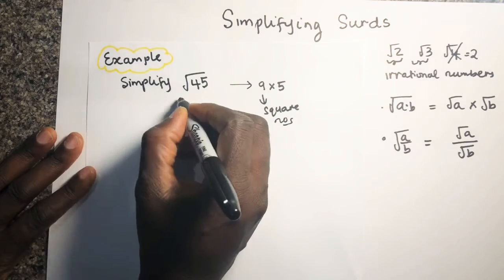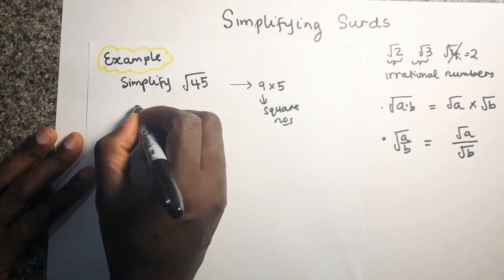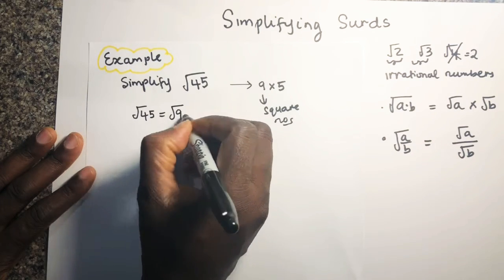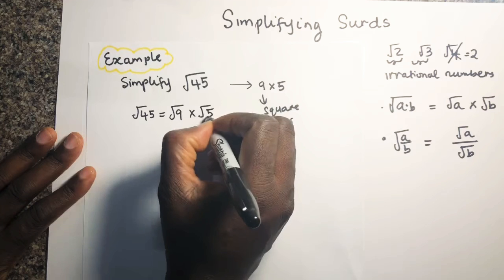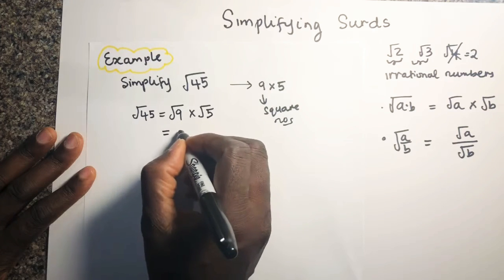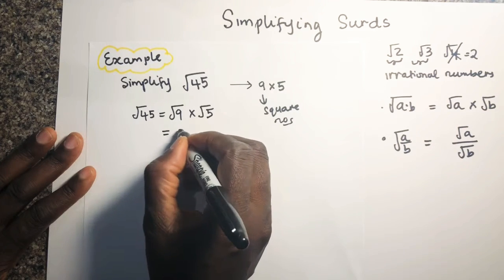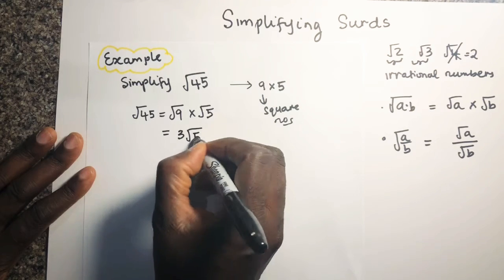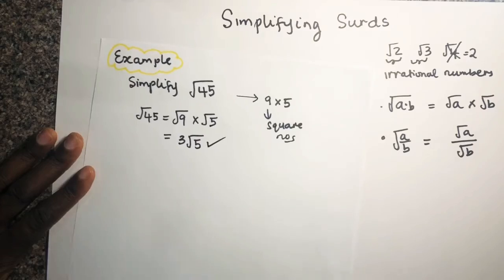Okay, so let's rewrite that now as the square root of 45 is equal to the square root of 9 times the square root of 5. We know that the square root of 9 is 3, so we will just rewrite that as 3 root 5, and that's done for that one.